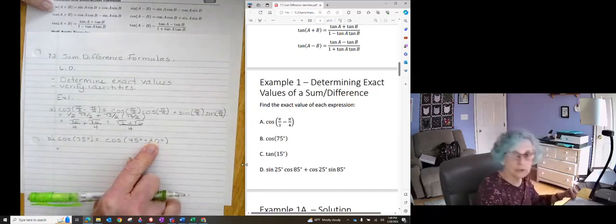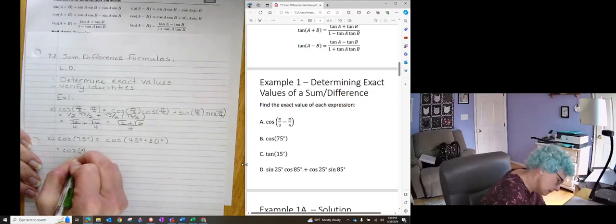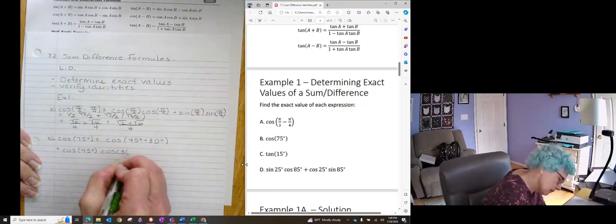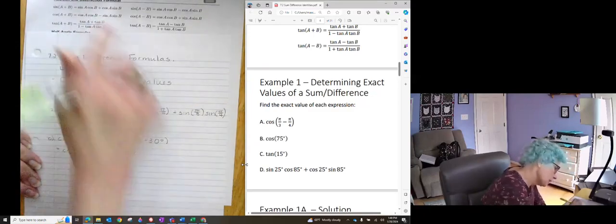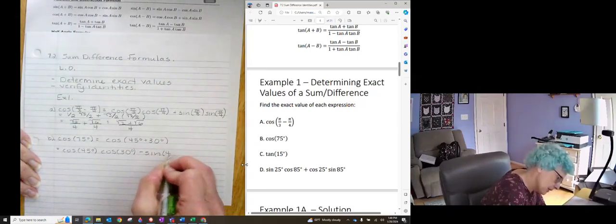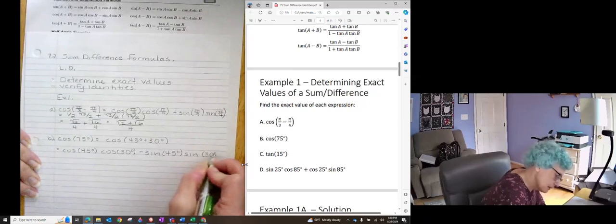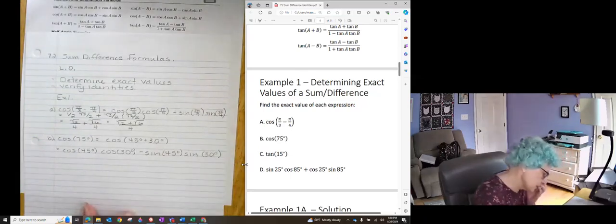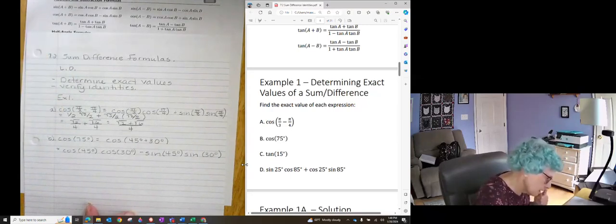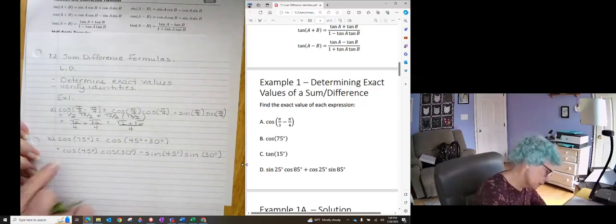So this time we're looking at a sum. So it would be cosine of 45 degrees, cosine of 30 degrees, minus sine of 45 degrees, sine of 30 degrees. It would be pi over 6, then cosine would be square root of 3 over 2.